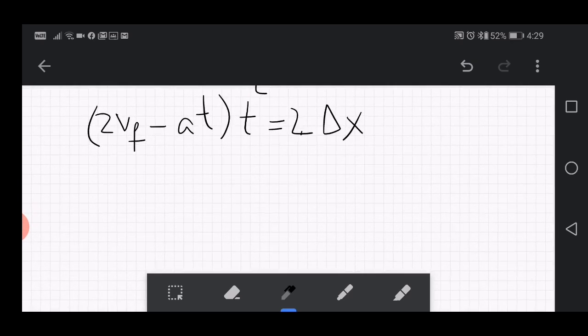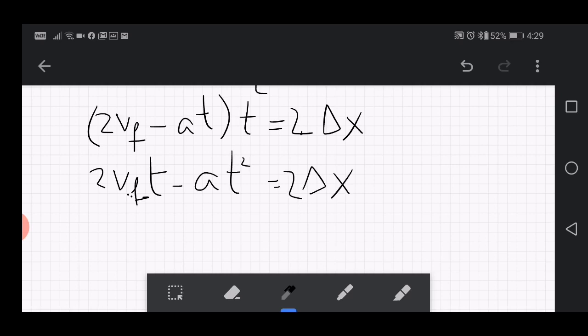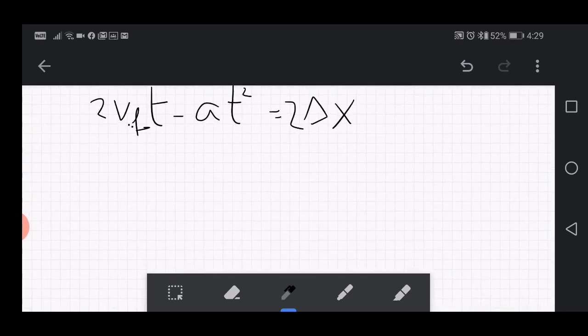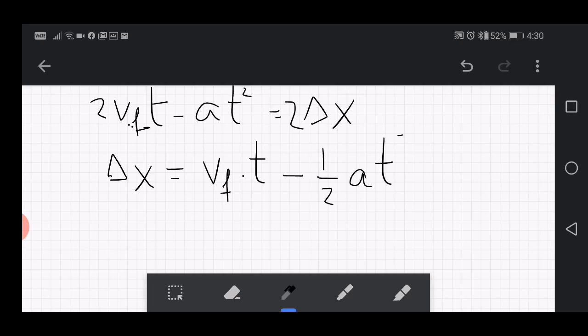And now twice final velocity times t minus at squared is equal to twice displacement, divide by 2, and what you have is, if you switch sides, that the displacement is equal to the final velocity times the time interval minus 1/2 acceleration time squared.